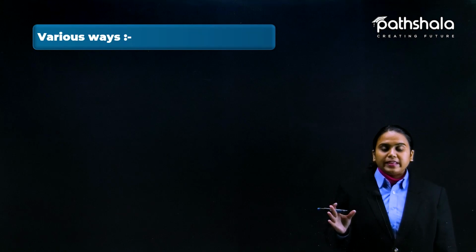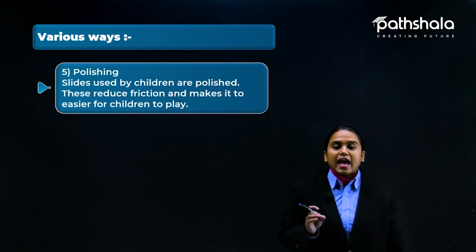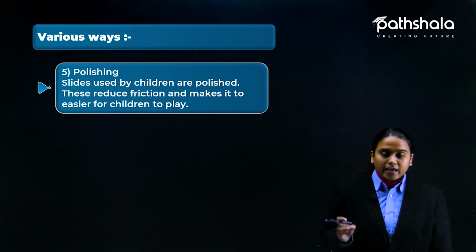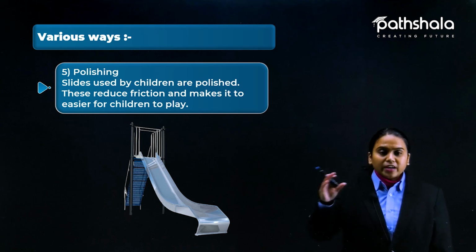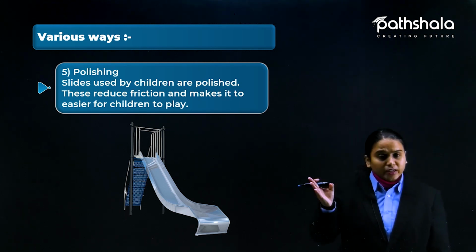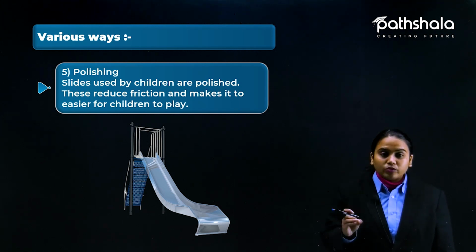One more effective way that is used for reducing friction is polishing the surface. As you have seen in slides, various metal parts get polished with paint or other lubricants, and they do not get high friction.